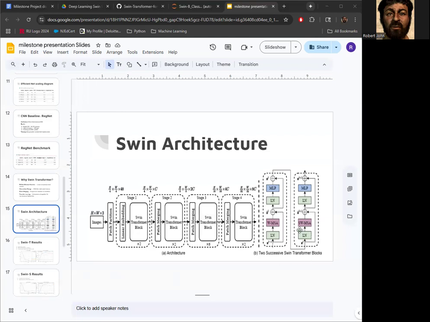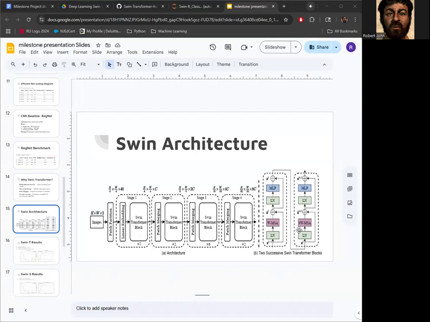The two successive Swin transformer blocks on the right, basically this part zooms in on what happens inside the Swin transformer block. Each block consists of the first block: the layer norm, window-based multi-head self-attention, residual connection, layer norm, MLP, multi-layer perceptron, residual connection.